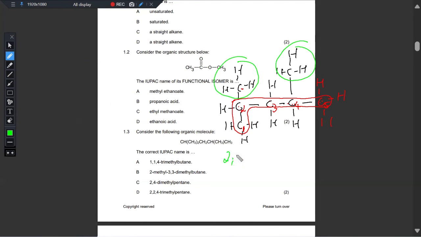So I have 2, 4, dimethyl, and then the longest chain is pentane. So dimethylpentane, which option is that? Option C.